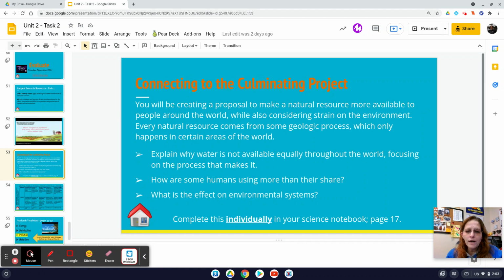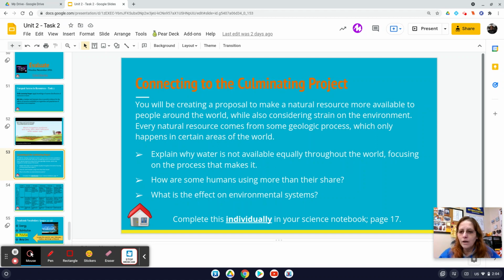And then what are the effects on environmental systems? What is the effect on an environmental system? Like I just said, if I'm collecting rainwater and I'm not allowing that rainwater to go back into the water cycle, what could that potentially do to that area? Okay, so if there's no water in that area, are we going to have a water cycle going on?